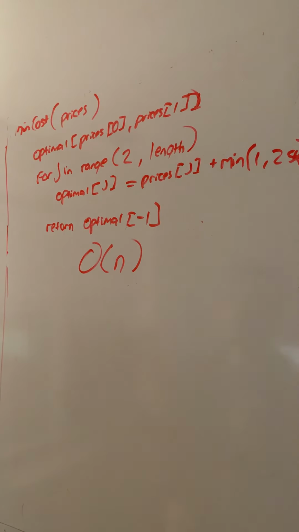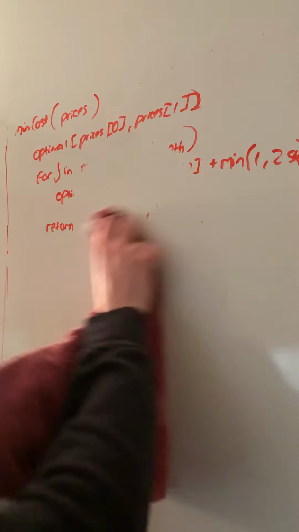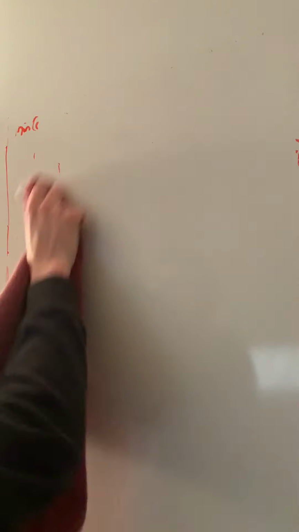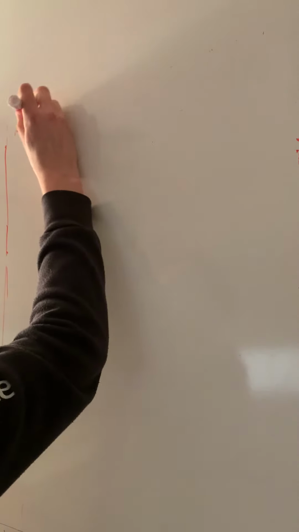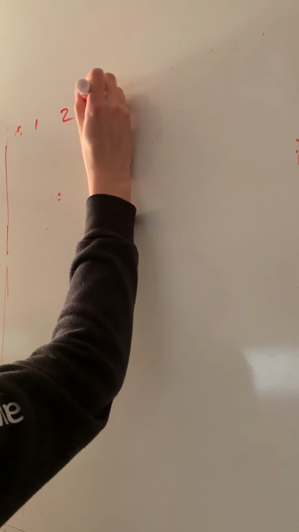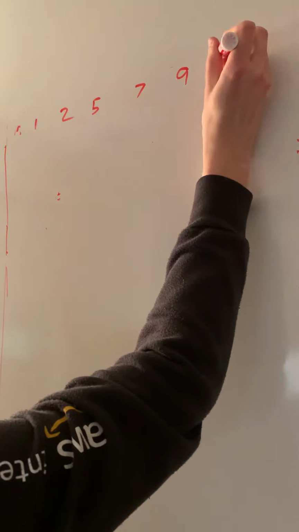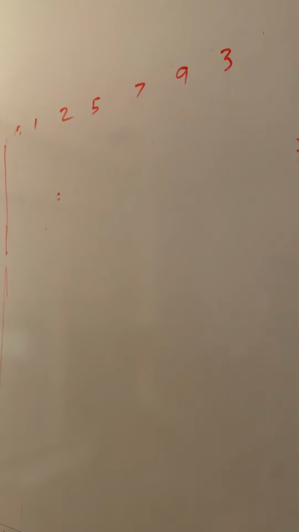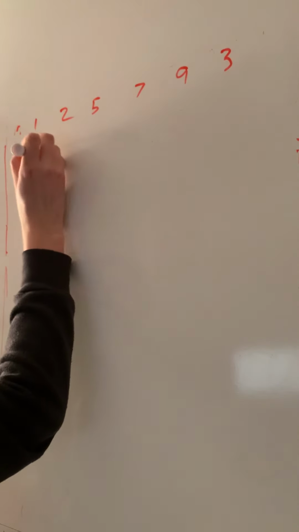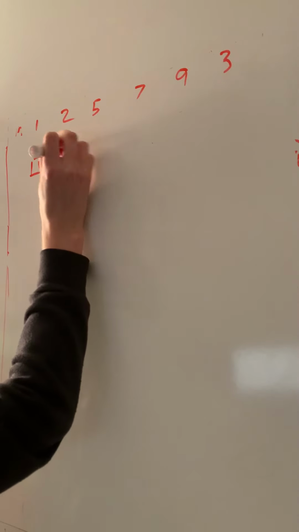I'm finally going to explain this pictorially and to take a bit more room. We could assume that we have an array, or we have prices of 1, 2, 5, 7, 9, and 3. We would take those first 2 and we would slot those into our array.